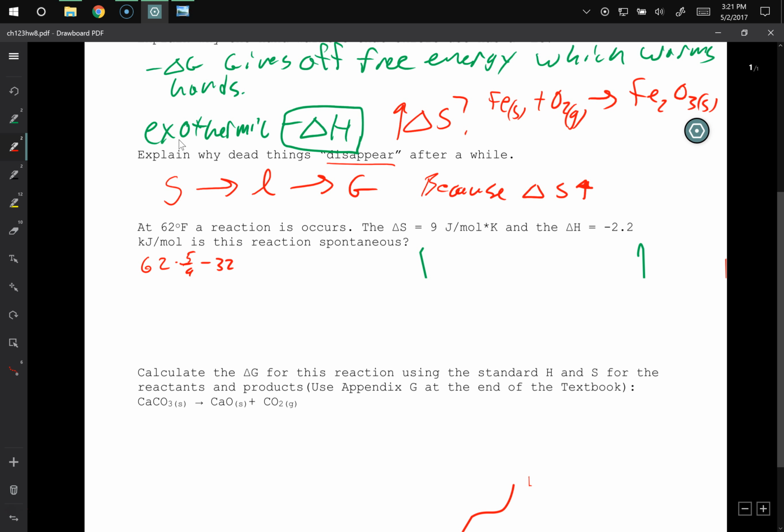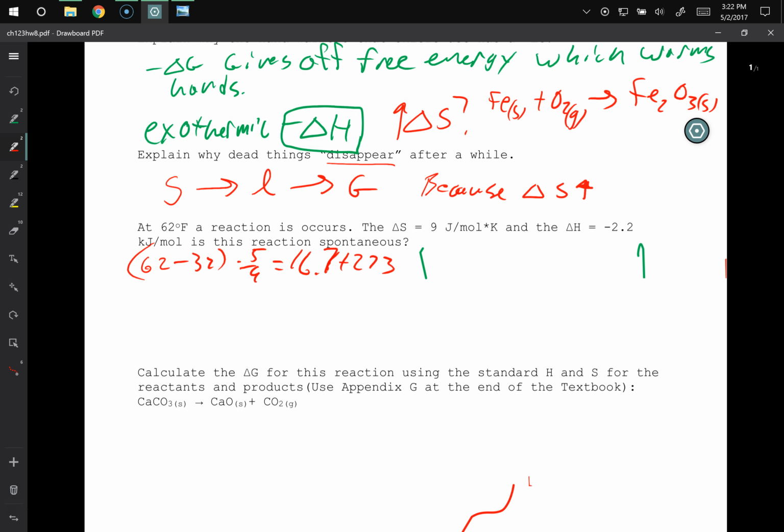Minus 32 times 5 divided by 9, I get 16.7 plus 273. Let's go with 290. Okay.